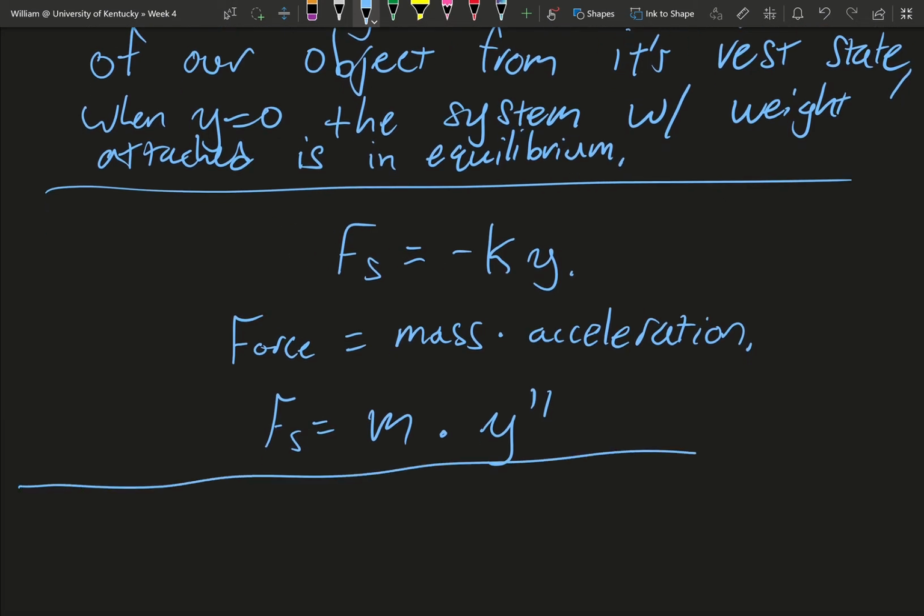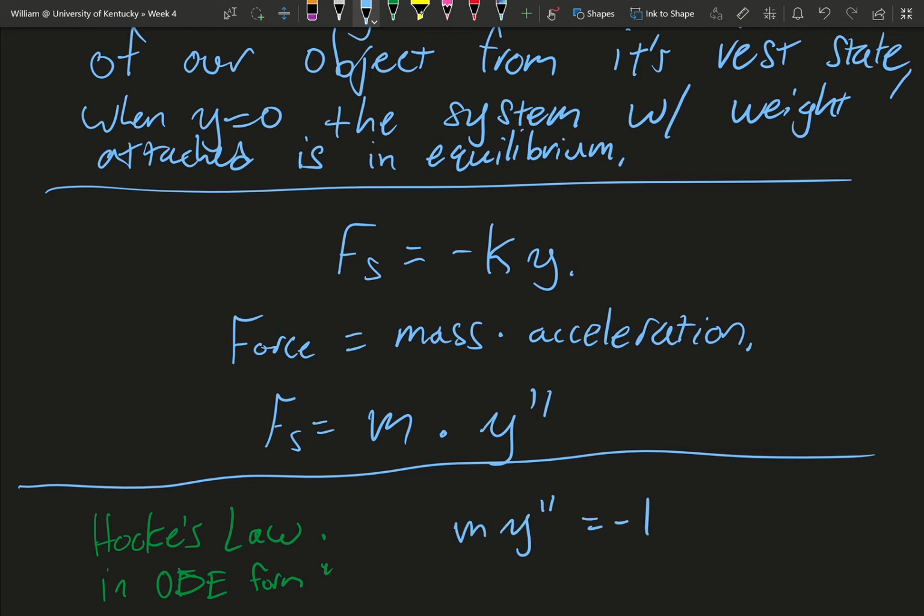So what we get is a differential equation which essentially models Hooke's law, which says that our mass times our second derivative is equal to negative k times y.